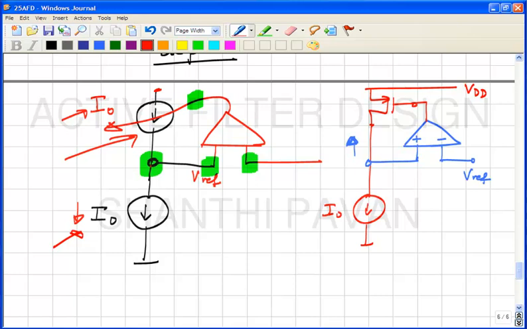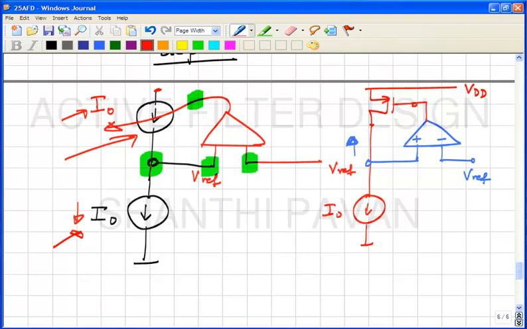Does it make sense? So this way, this potential is set at Vref without any ambiguity whatsoever, right?